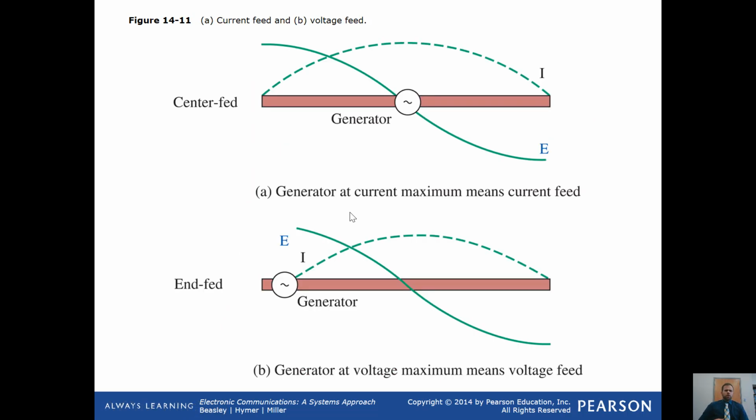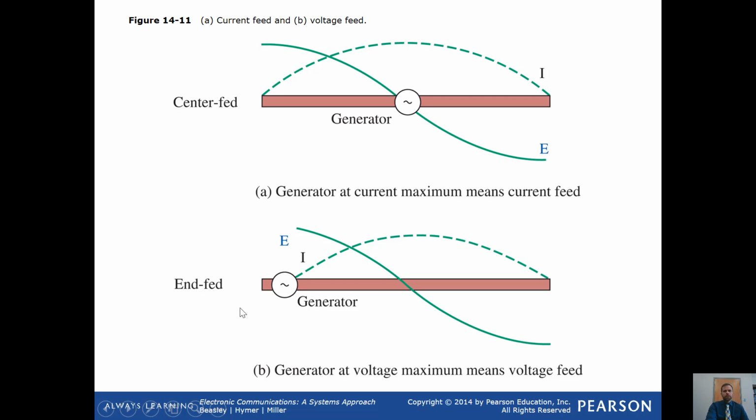Something to keep in mind. Here we have a current feed and a voltage feed for a generator. So this is a center-fed generator at current maximum, which means it's a current feed, and a generator at voltage maximum means it's voltage fed.